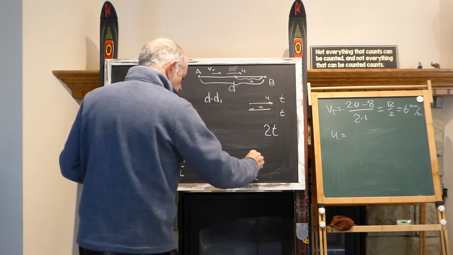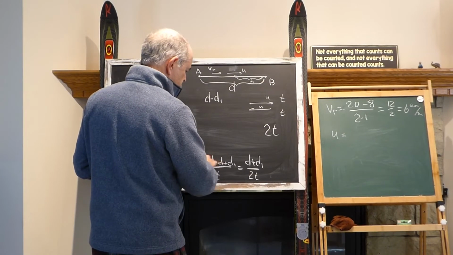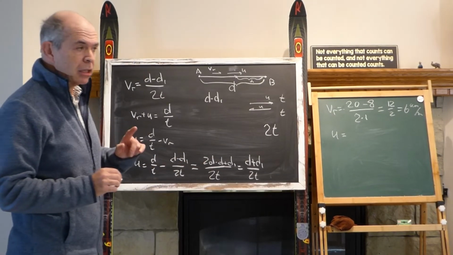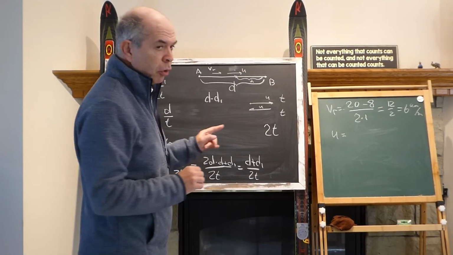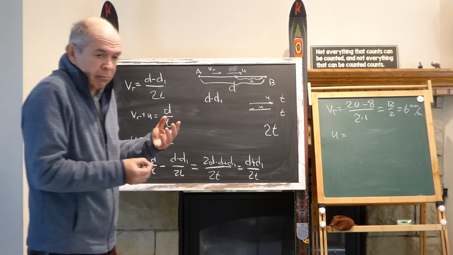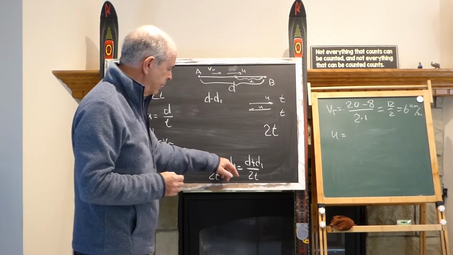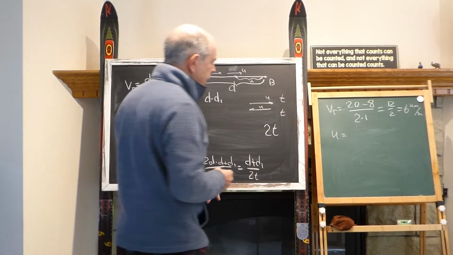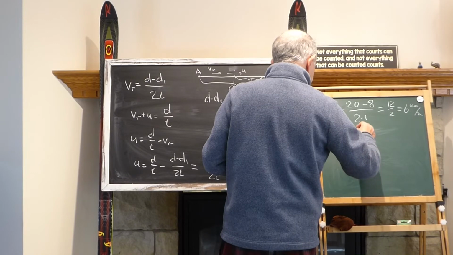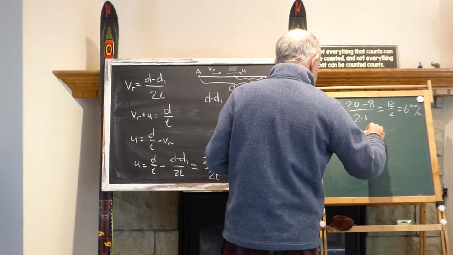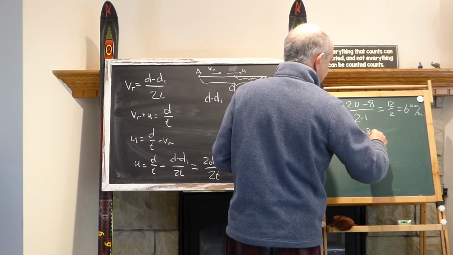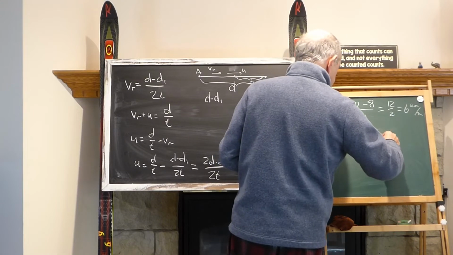If I'm not mistaken, no, I'm mistaken here, this is plus. 2d minus d would be d. I make a lot of mistakes, and if you're not catching those, too bad. You should follow what I do and not trust any words, because I can make a typo like here: 2d minus d is d plus d1, right? So d is 20, plus 8, divided by 2, and this would be 28 over 2, which is 14.